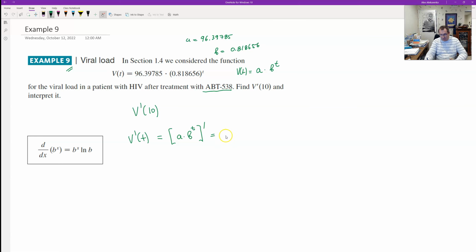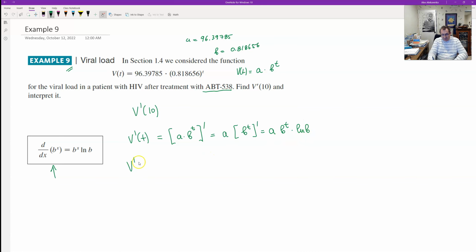So let's take a derivative of that. According to the rules of differentiation, a constant can be pulled out from the differentiation. So we have this, and the derivative for an exponential function with arbitrary base is given right here in the box. So it is going to be b raised to t multiplied by natural log b.